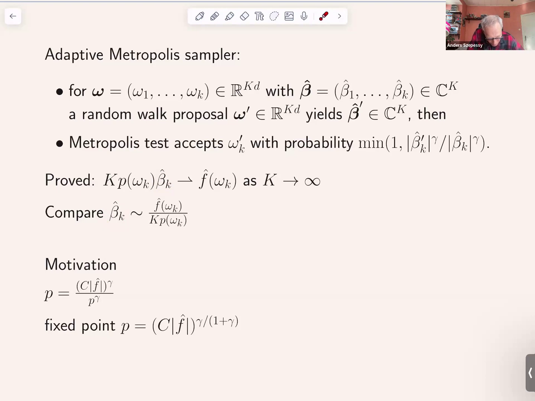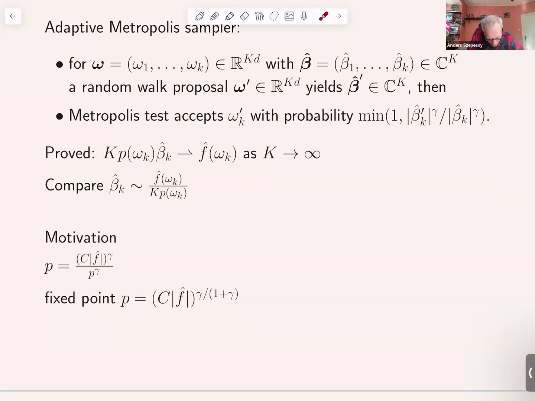This motivates that we could use the computed amplitudes to find the optimal. So if the computed would actually be the optimal, then the Metropolis method will sample from the density p here, and this would be optimal.